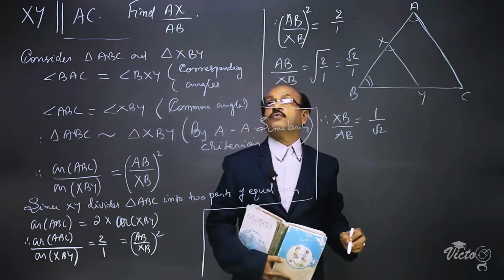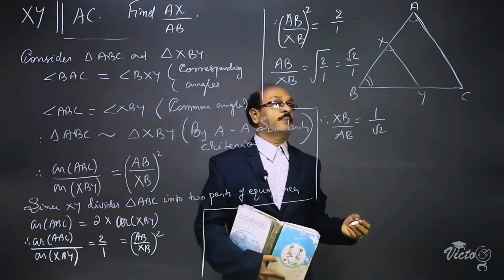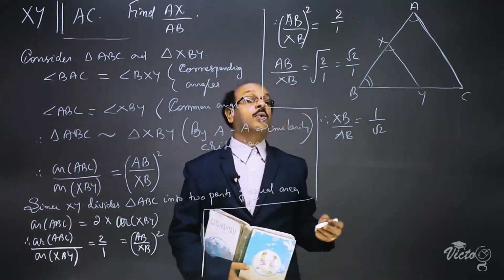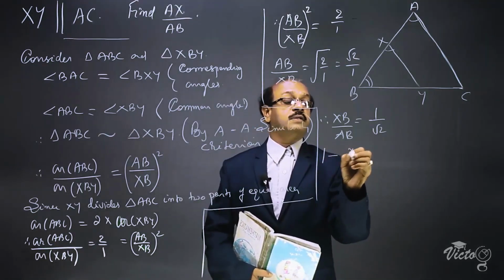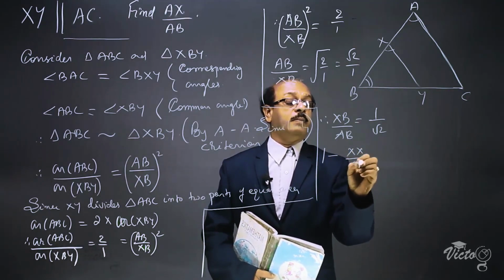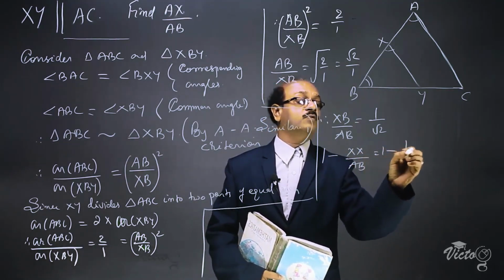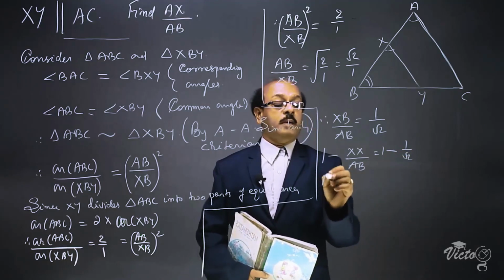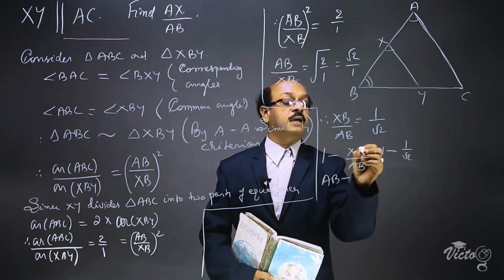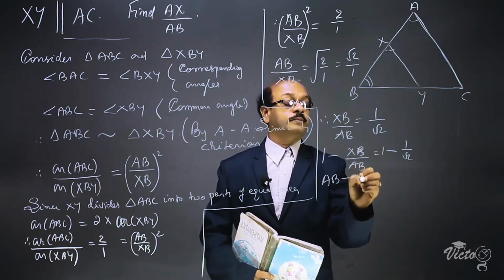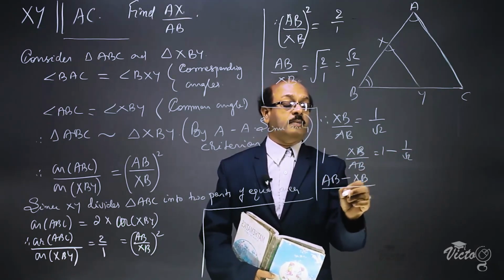But we have to find out the value of the ratio AX by AB. Therefore, 1 minus XB by AB will be equal to 1 minus 1 by root 2. It is AB minus XB divided by AB.